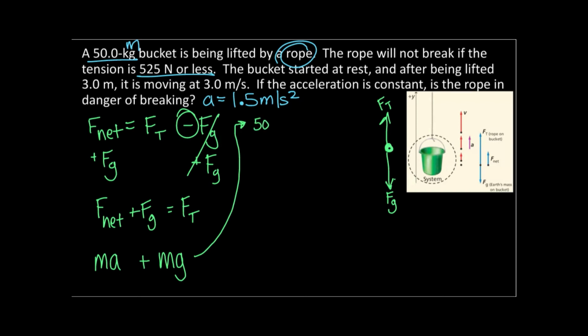So that's going to be 50 times 1.5 plus 50 times 9.8, and that's going to be our F_T. And then we'll have 75 plus 490. Again, that's our F_T. And then we'll have 565 newtons for our F_T.